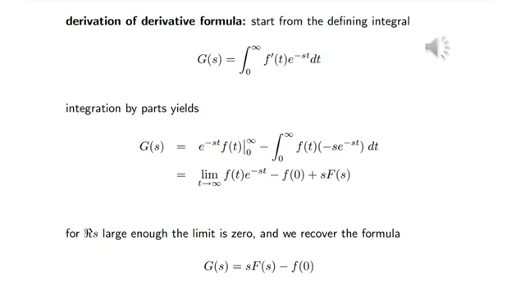Integration by parts yields the first function, let's say, e raised to power minus st, and the second function is f(t). The definition of integration by parts is that the first function stays as it is, and the second function is integrated, minus the integration of the second function times the derivative of the first function.